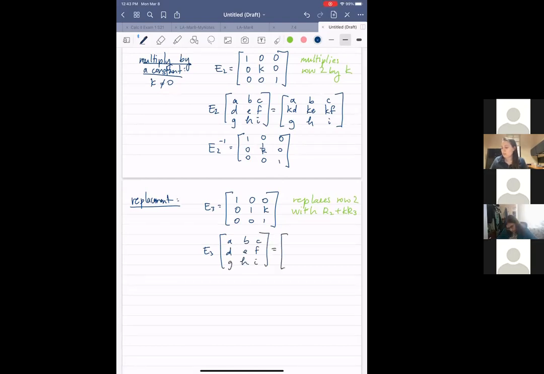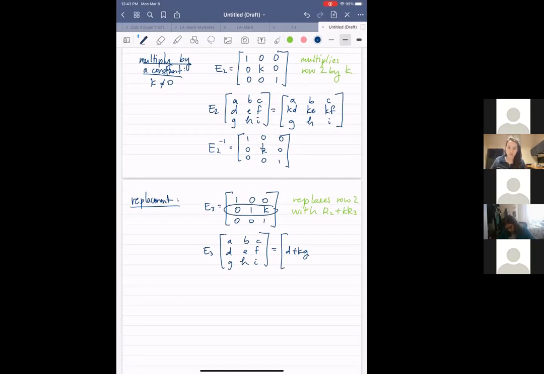And when we do this multiplication, let's start with the second row by the first column. We get D plus kG for that first entry in that row.